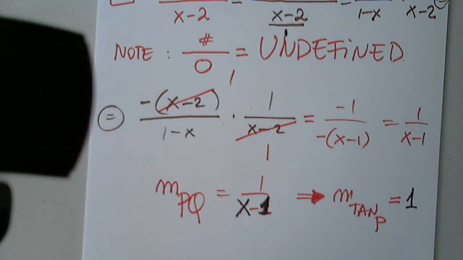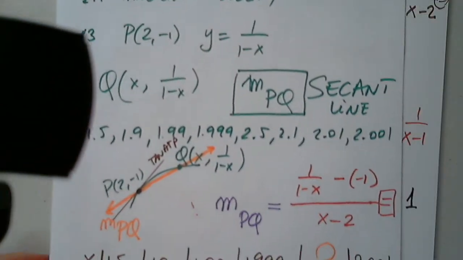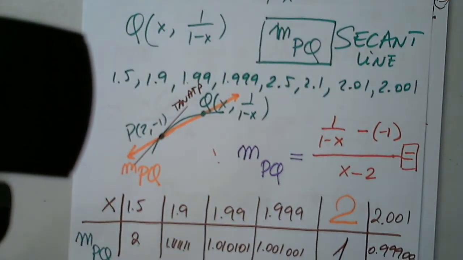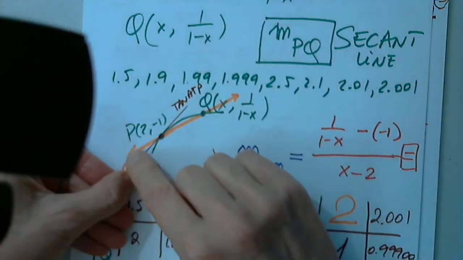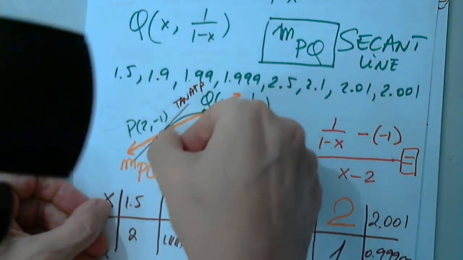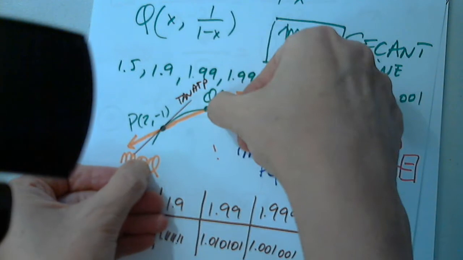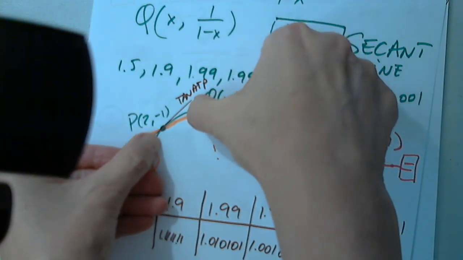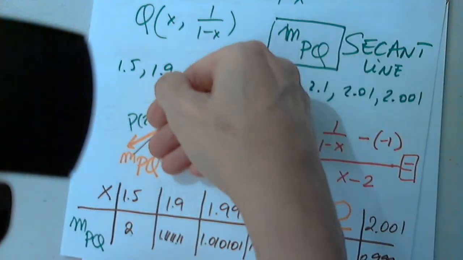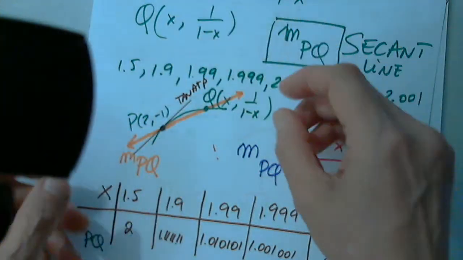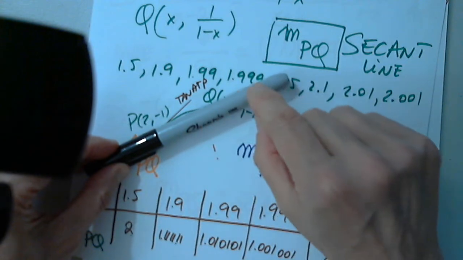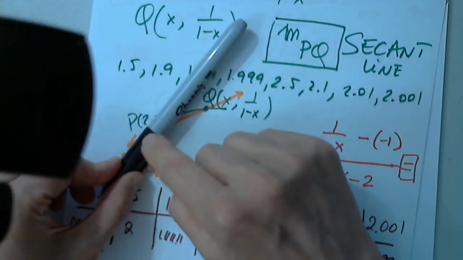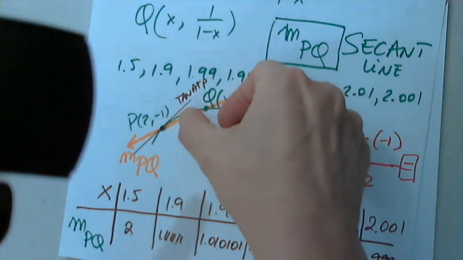Any questions? So what have we done here? What have we learned here? We have learned that, what we learned last time already, that if we have a point and we start with secant lines, and if we bring Q closer and closer to P, from one side or the other, or both at the same time, it doesn't matter, we really change this secant line into the tangent line by simply bringing Q closer and closer.